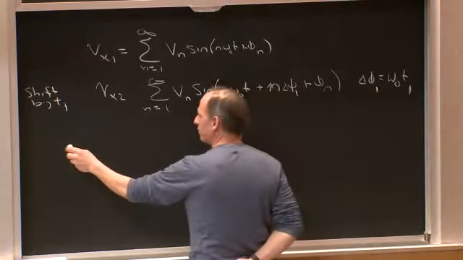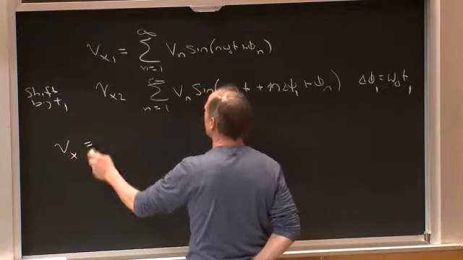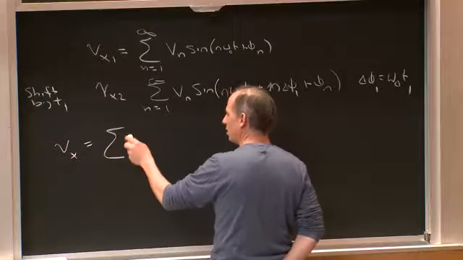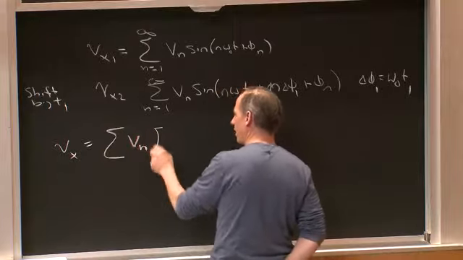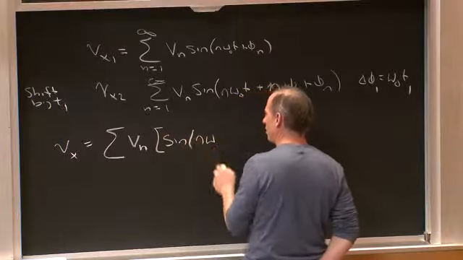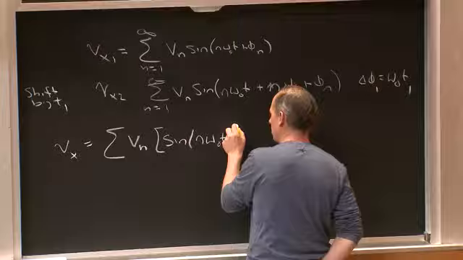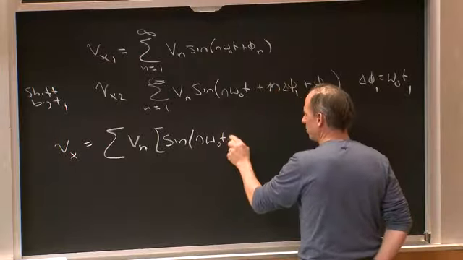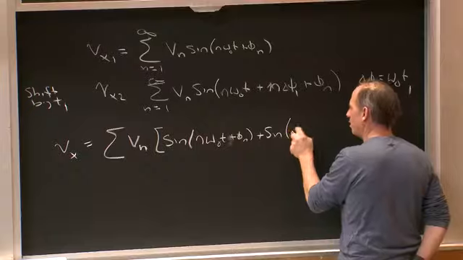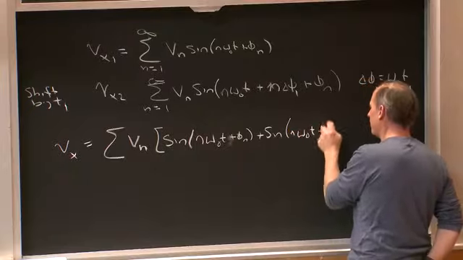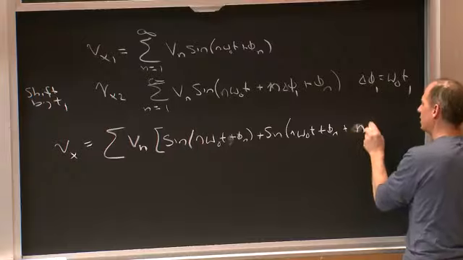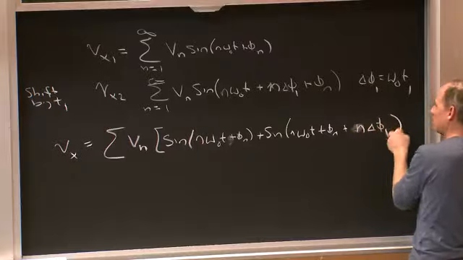Okay? All right. So now I have these two waveforms and I add them. So now I get Vx is simply equal to the summation of Vn times sine of n omega naught t plus phi n plus sine of n omega naught t plus phi n plus n delta phi 1.